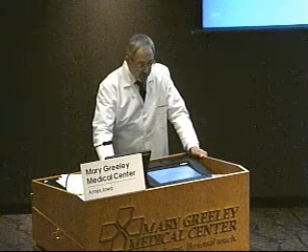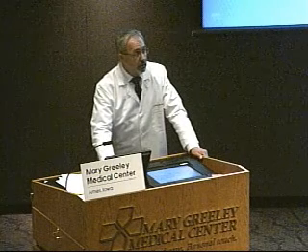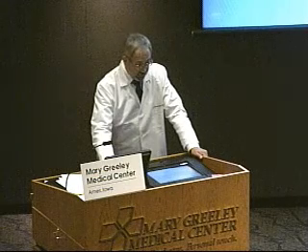Terminology such as irreversible coma, definition of terminally ill, and you can read on and on. And so the Emanuels felt that this was a true weakness. It was so vague as to not be helpful when it really came to crunch in terms of whether to do this or that procedure and so on.